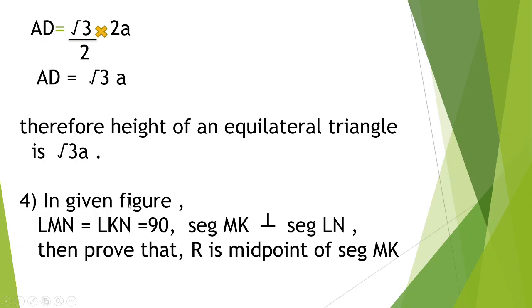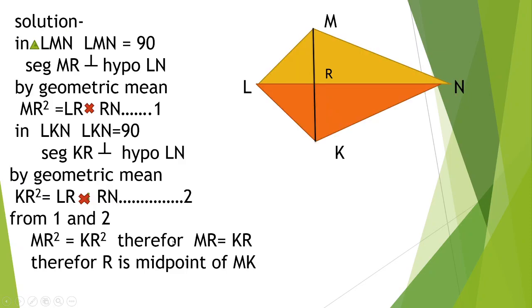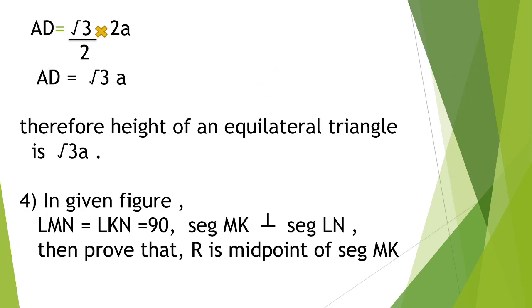In the given figure, the figure is given on the next slide. You see first: in the given figure, in triangle LMN, angle LMN is equal to angle LKN is equal to 90 degrees. Both angle M and angle K are 90 degrees.